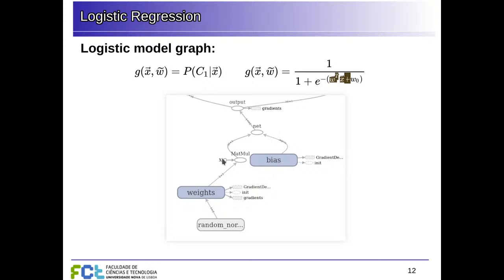The x is the input vector that we're going to multiply here by our weights. So this would be this operation. We have the weights here and the x. Our weights are initialized at random in the beginning. And we have some connections here in the computation graph for the gradients. And then we also have this bias additional variable that gets summed with the result here of the multiplication.